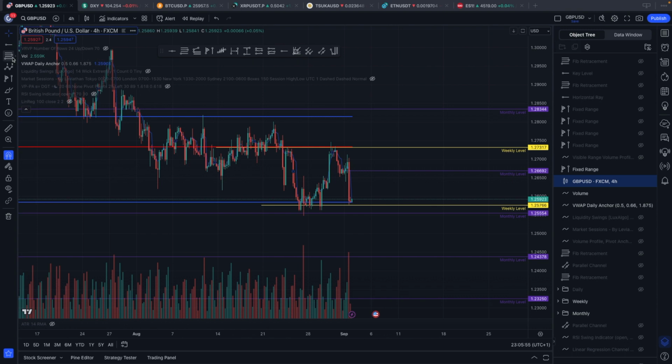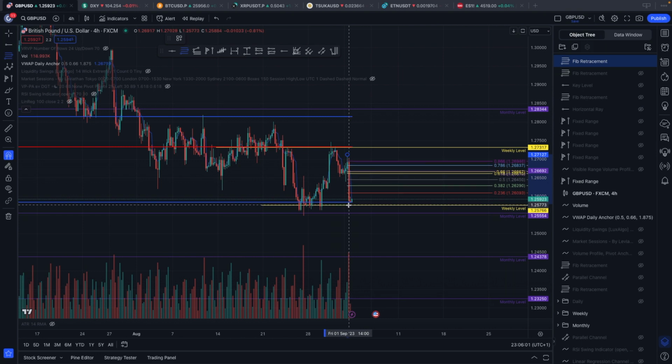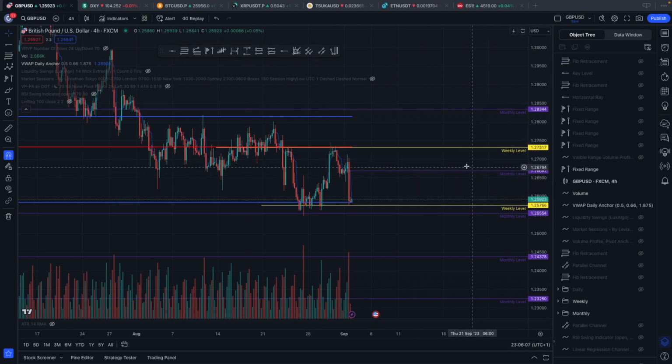And then if we were to at least retrace back to 0.6, 0.618 or anything like that, you could argue, yeah, it works out perfectly over here with this monthly level. So potentially we're going to head up to the monthly level here, at least as some sort of replacement, or at least the 0.5 level, without a doubt.